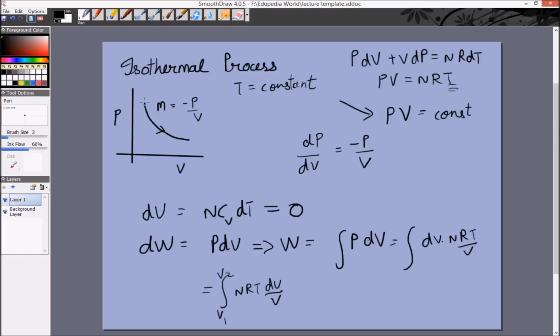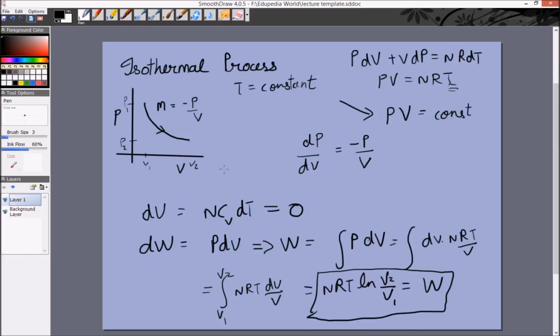Let's say we are going from initially V1 and P1 to V2 and P2. So from V1 to V2, that is nRT ln V2 by V1.